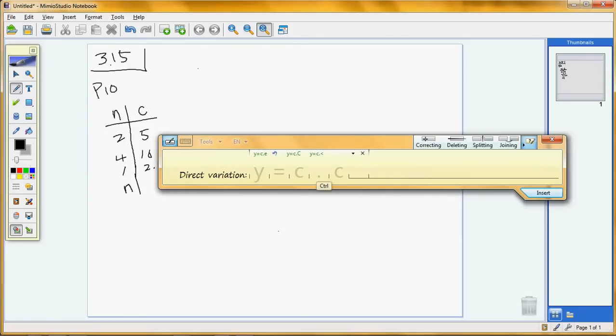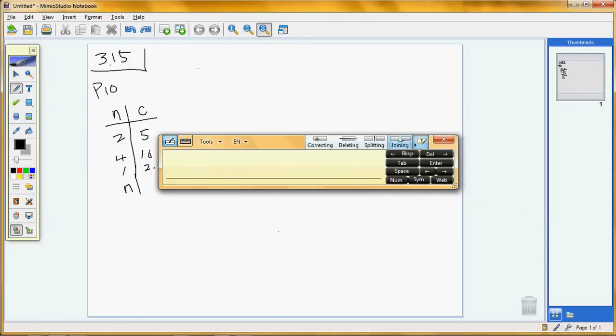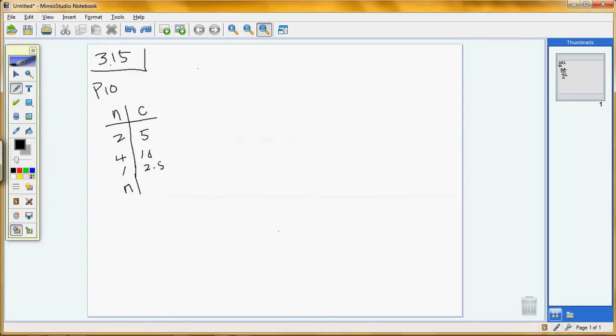Let me just simply type it. So direct variation means we have y equals cx. If the rule looks like this, then we call it direct variation.